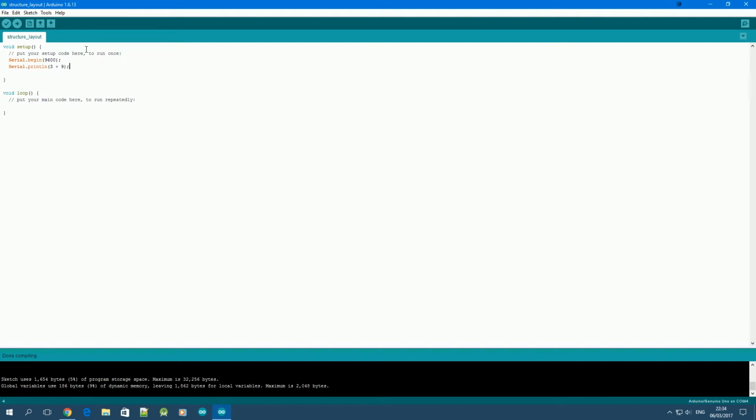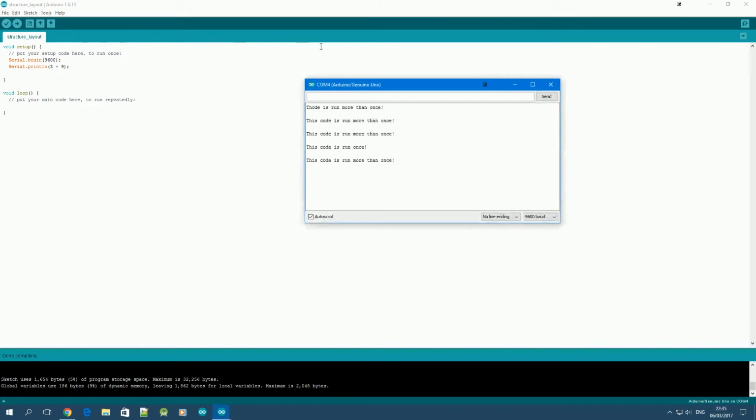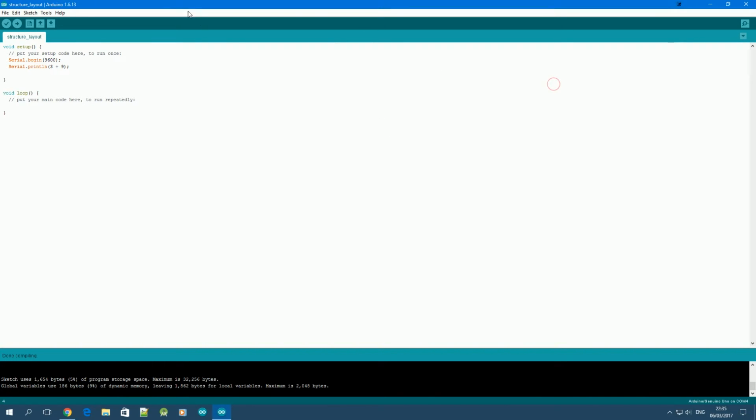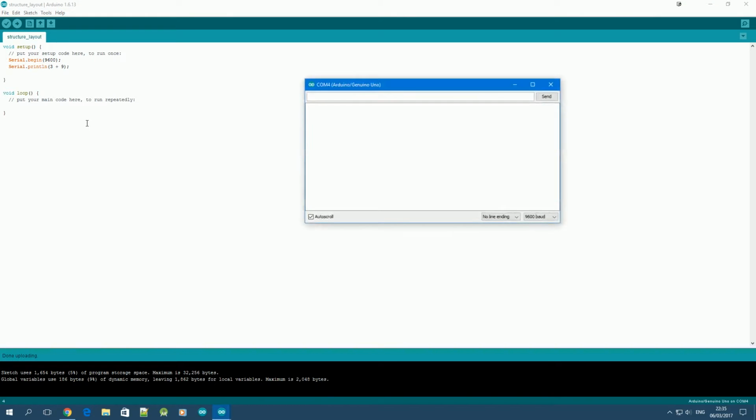So I'll open up my serial monitor and reset my Arduino. So after verifying the code, we upload. Once the code is uploaded, I open up the serial monitor and we see 12. 3 plus 9 is indeed 12.